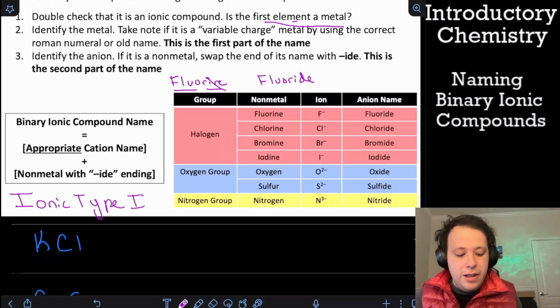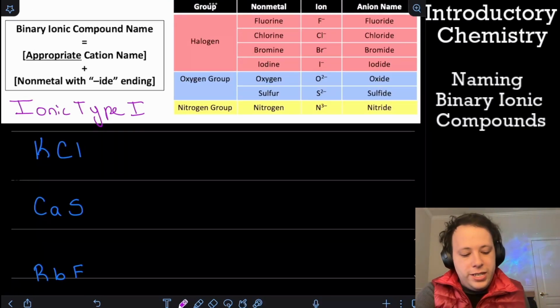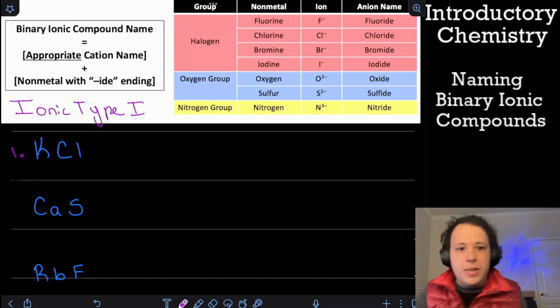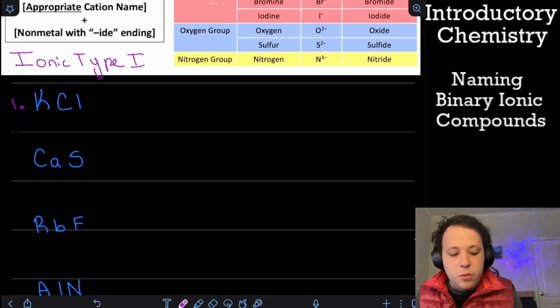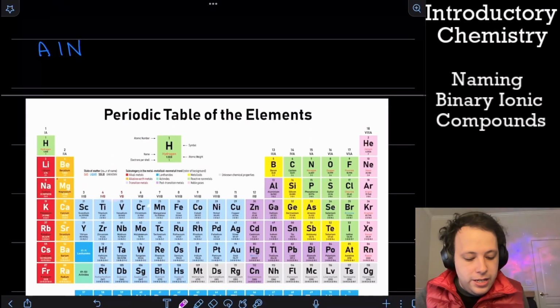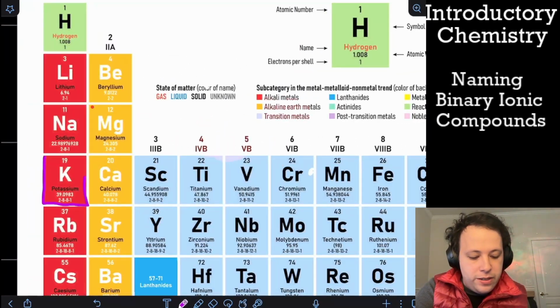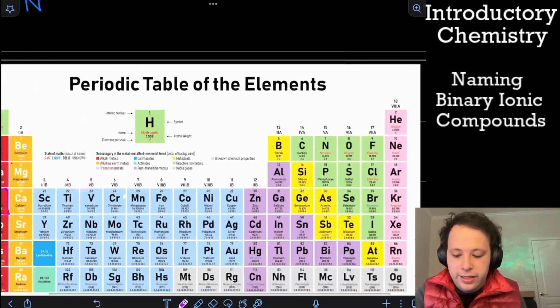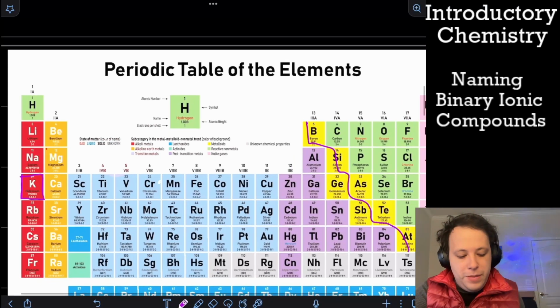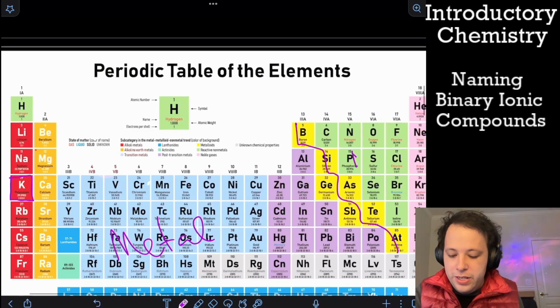If I have this first one on the left, KCl, we need to find both species. There's potassium right here, on the left side of this zigzag, so we're on the metal side of the periodic table, and the non-metals are over here.